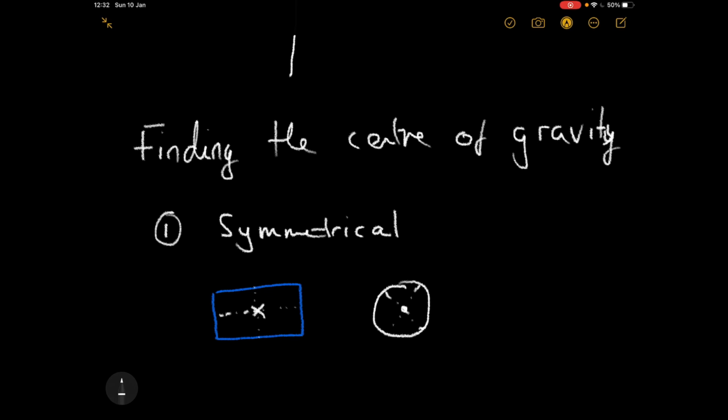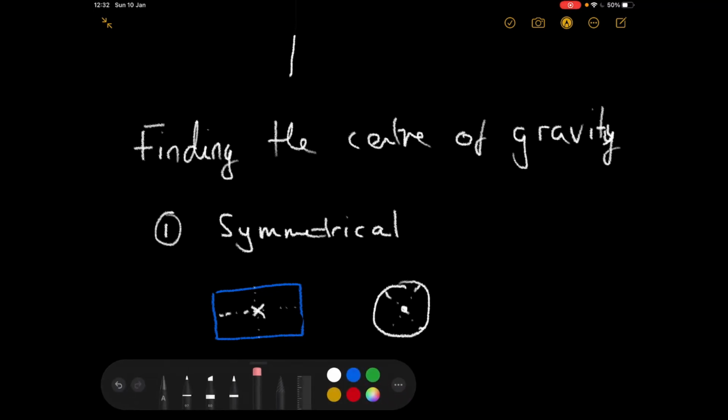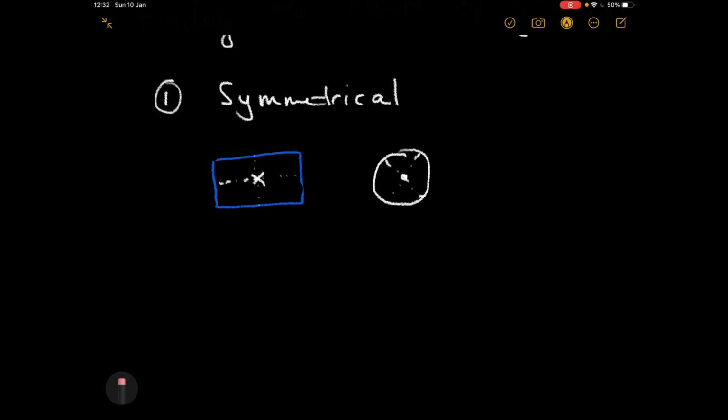So if you can draw lines of symmetry, and provided you've got a uniform object, a simple shape, all made out of one material, you haven't added a lead weight to this point here or something, then that's easy enough to do, and where the lines cross will be where your center of gravity is.